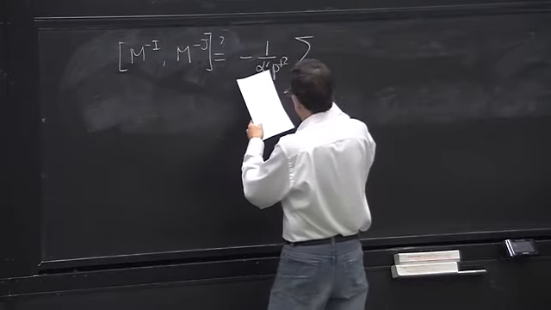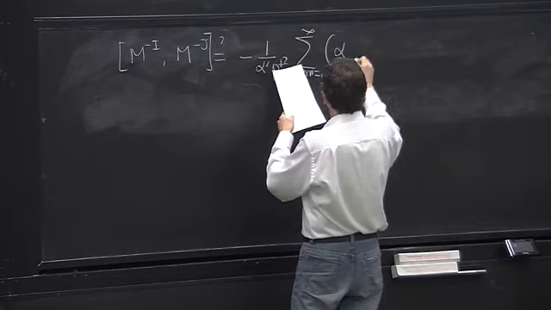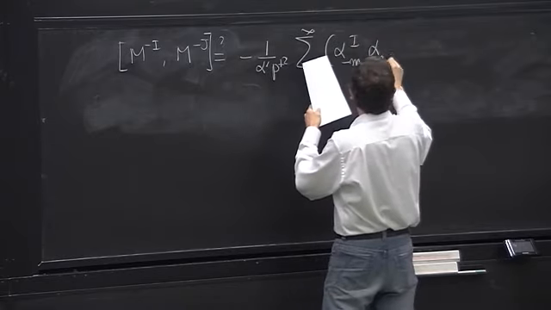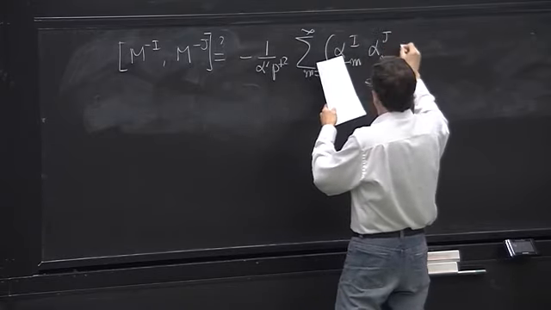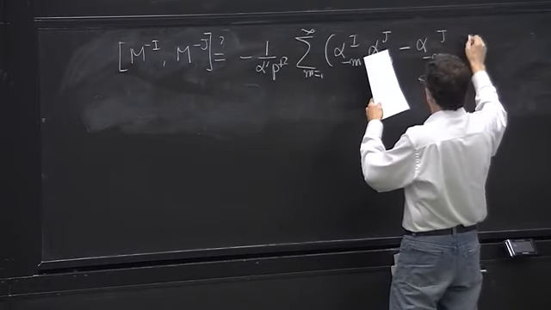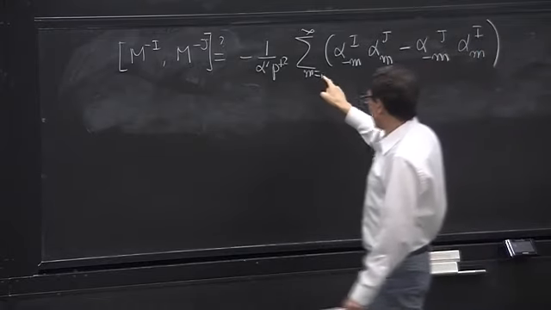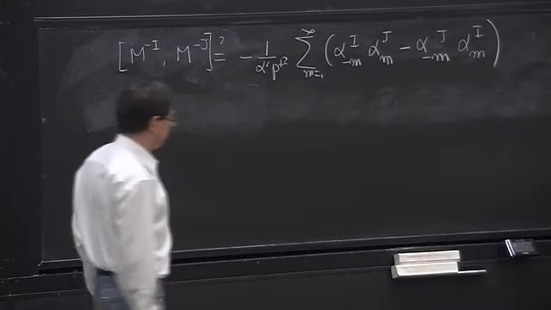So what is the answer? The answer is a sum over m from 1 to infinity of (α^−_{−m} α^i_m... ) with terms of the form α^i_{−m} α^j_m − α^j_{−m} α^i_m. So there are infinite terms that you get.